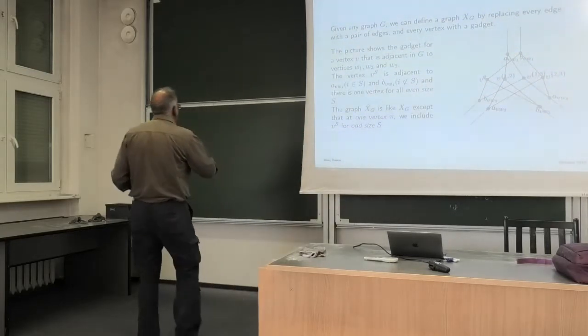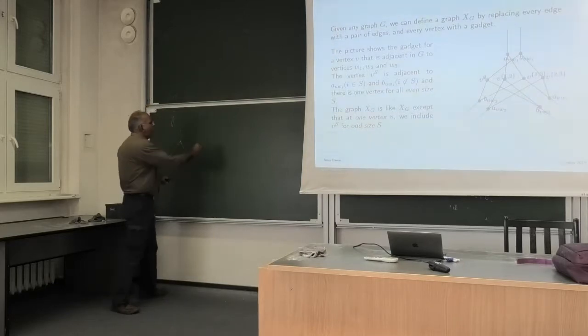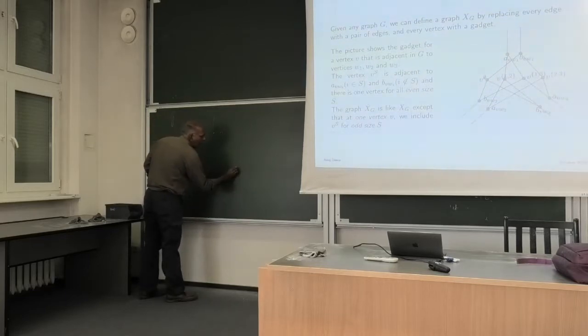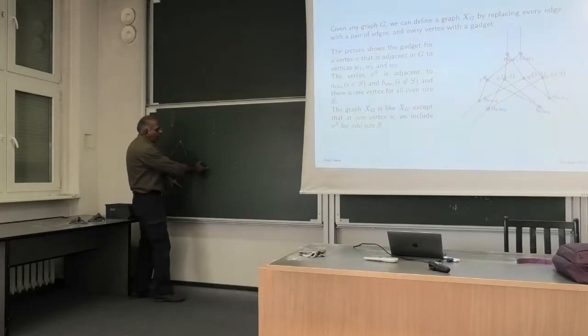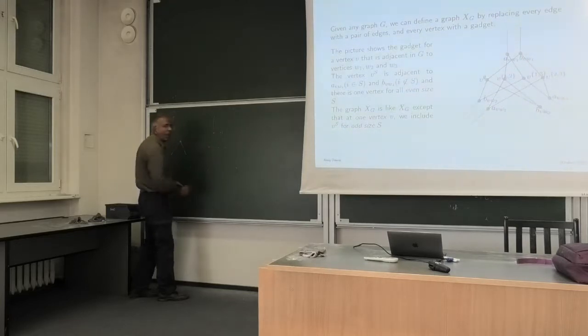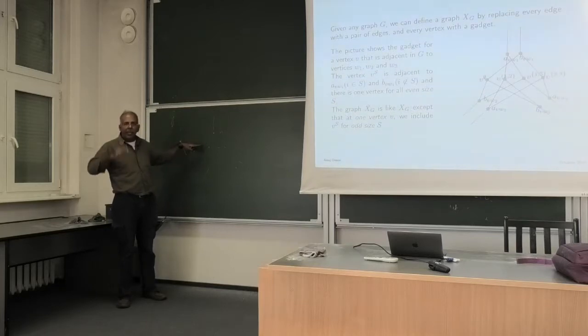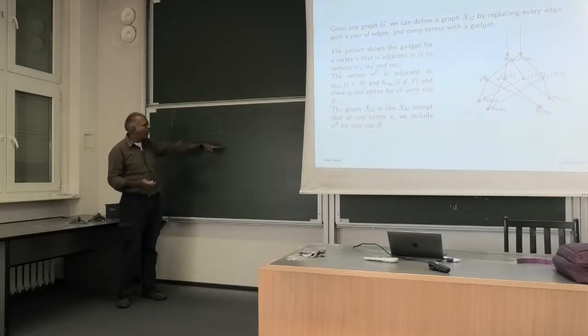So what is the gadget? Each edge is replaced with a pair of edges, right? And so these are part of the vertex gadget, and there are going to be 4 in the middle. I say 4 because it's degree 3. In general, for degree d, there will be 2 raised to the power of d minus 1. So if it was 4, there would be 8.